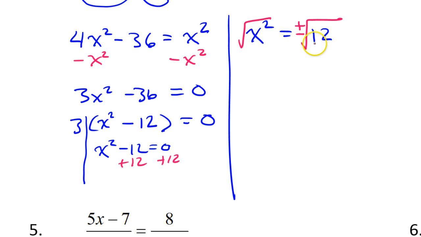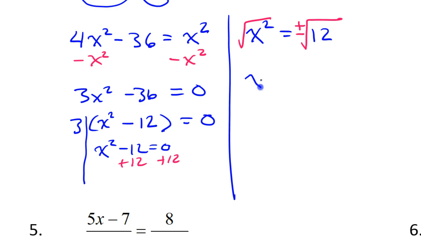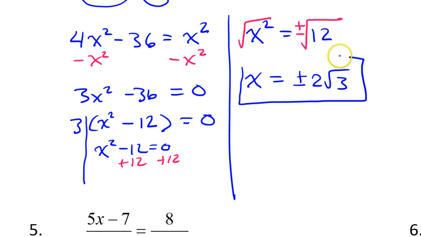So put plus or minus. So the square root of 12, let's see, 12 is 4 times 3, so that's going to be plus or minus 2 radical 3. So that's two different answers: 2 radical 3 and negative 2 radical 3.